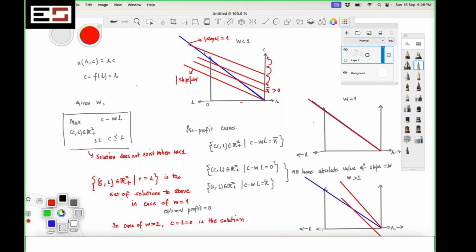Okay, and optimal profits are still 0. Is that clear to everyone?